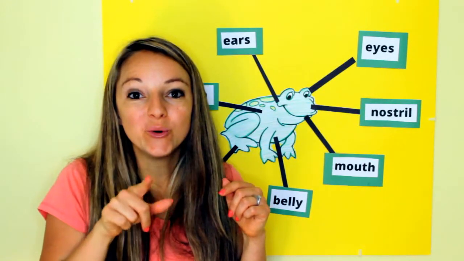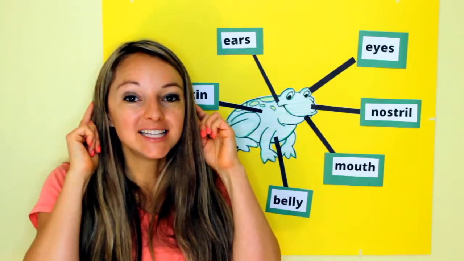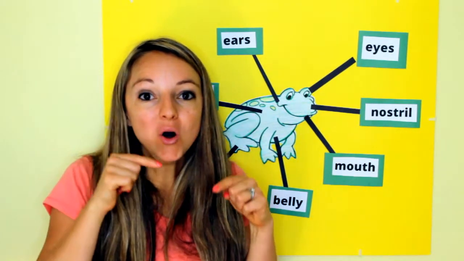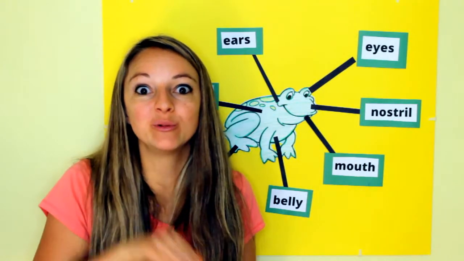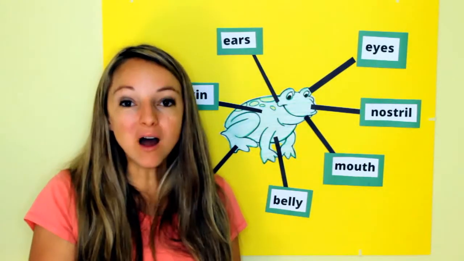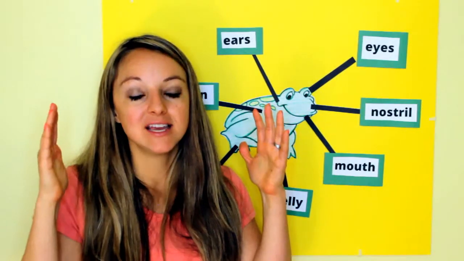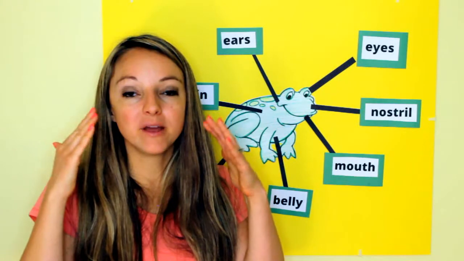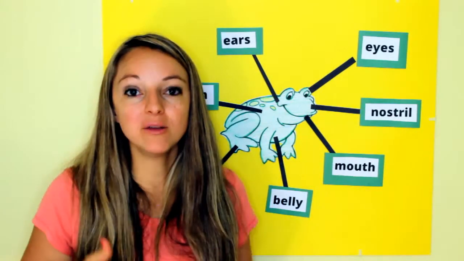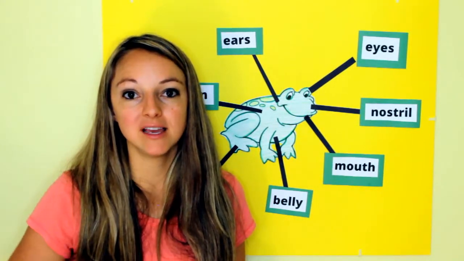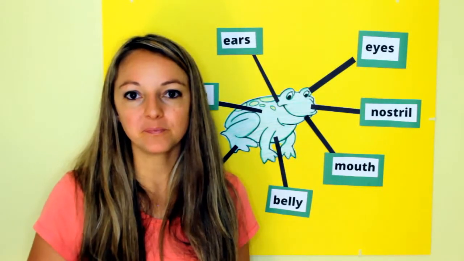And a cool fact is that it's connected all the way down to their lungs. Whoa! So when they hear things, it vibrates all the way down to their lungs and helps them to hear.